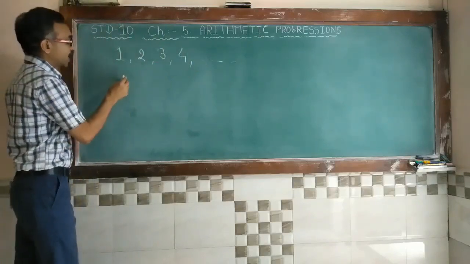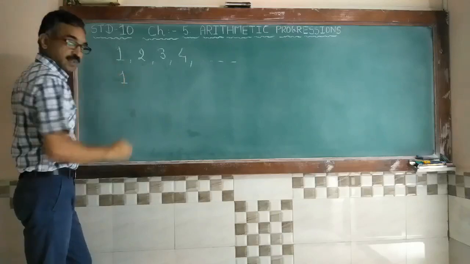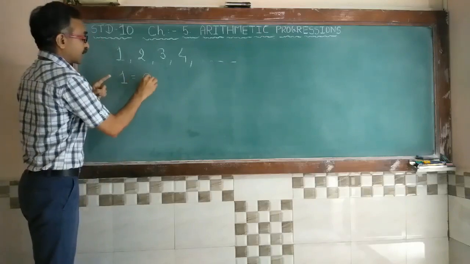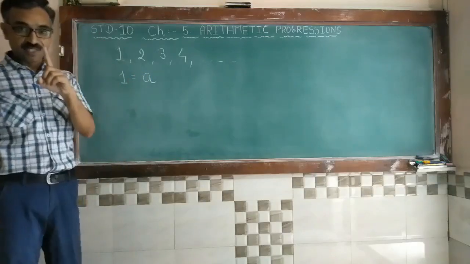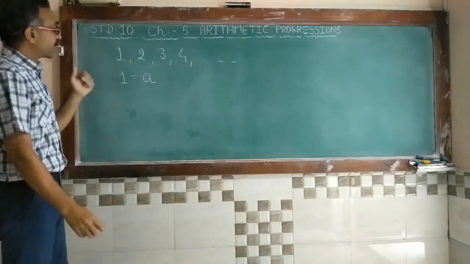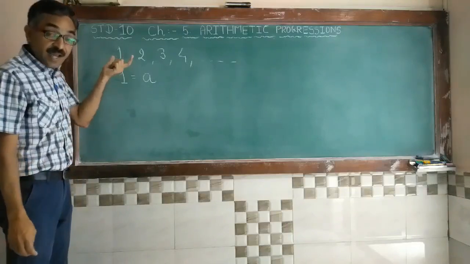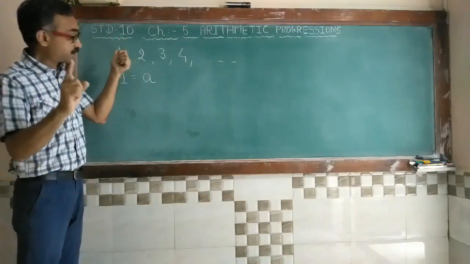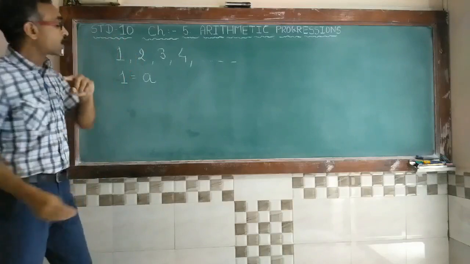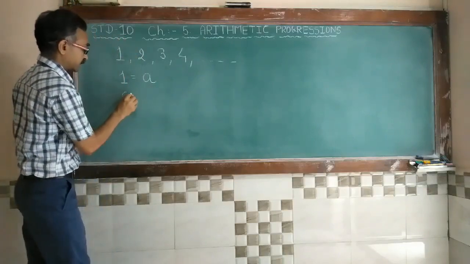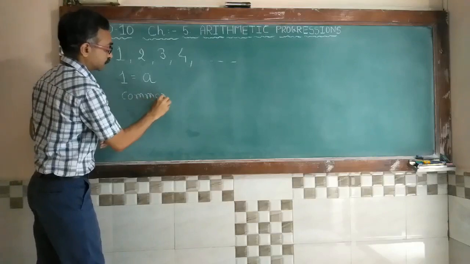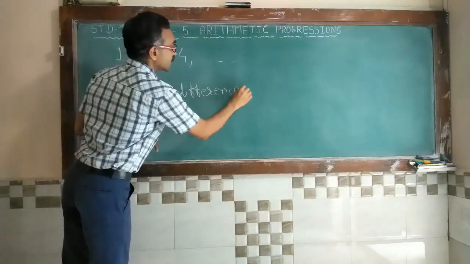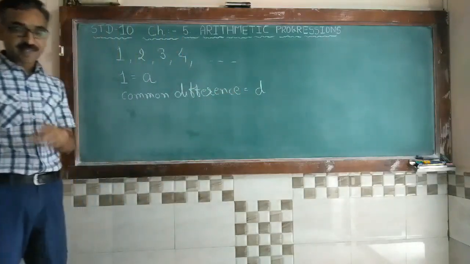The first term is denoted by small a, and the fixed number which is added to the preceding term, except the first term, is called the common difference, and common difference is denoted by small d.